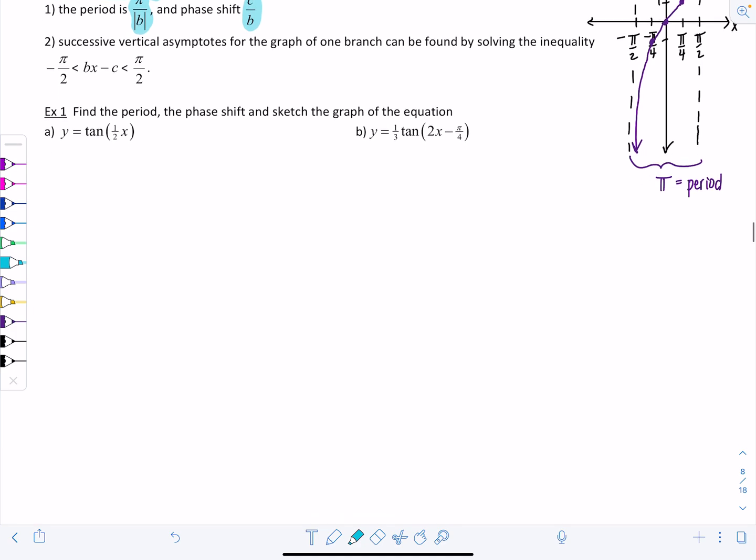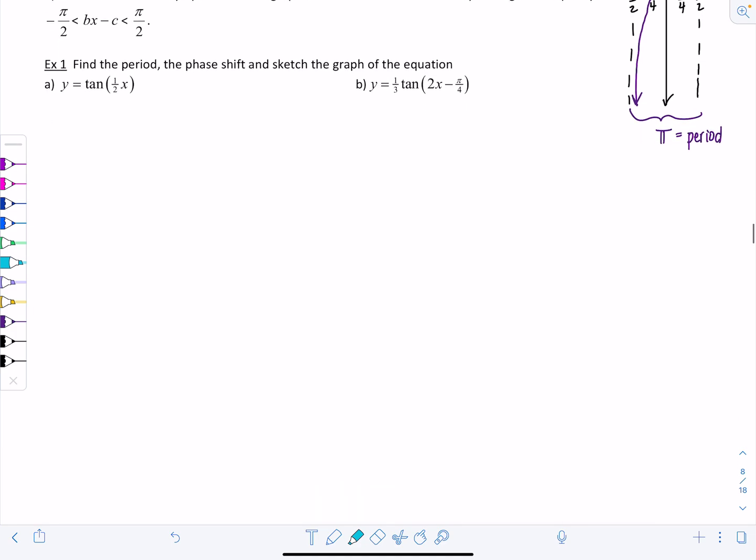So example 1: find the period, the phase shift, and sketch the graph of the equation. No problem. The period is equal to pi divided by b. Be careful. What is b equal to here? Can you see? b is 1/2. So the new period is pi divided by 1/2, which is equal to 2 pi.